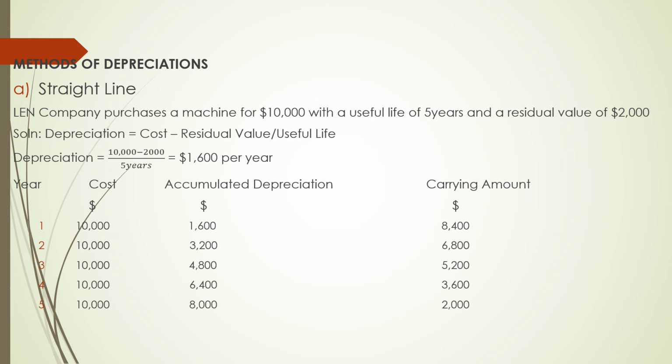6,800. So that's how come we have the 6,800 over here. Okay, so we will continue to year 3. In year 3, we had a cost of 10,000, and our accumulated depreciation should be $1,600 multiplied by 3 years, giving us a total of $4,800.